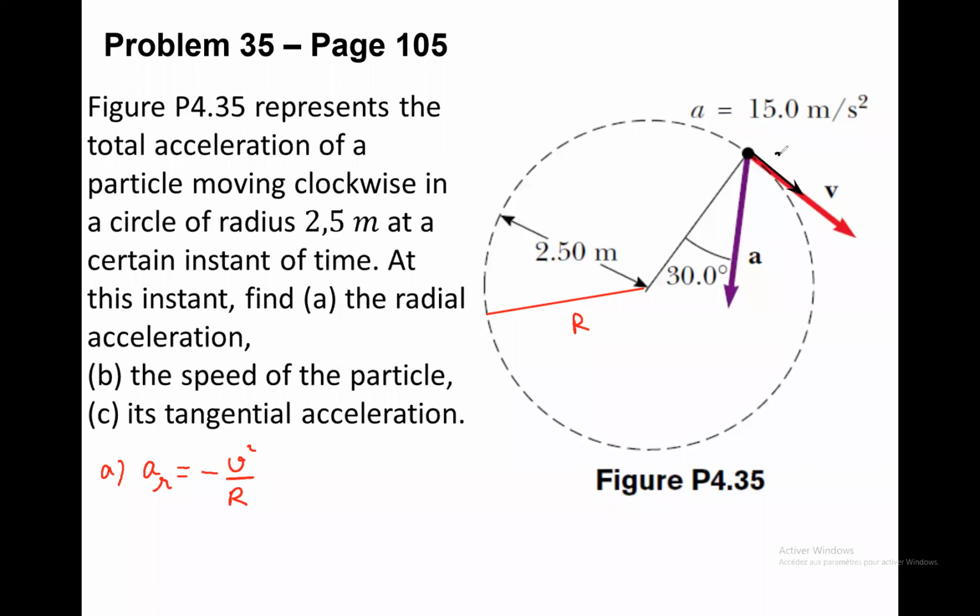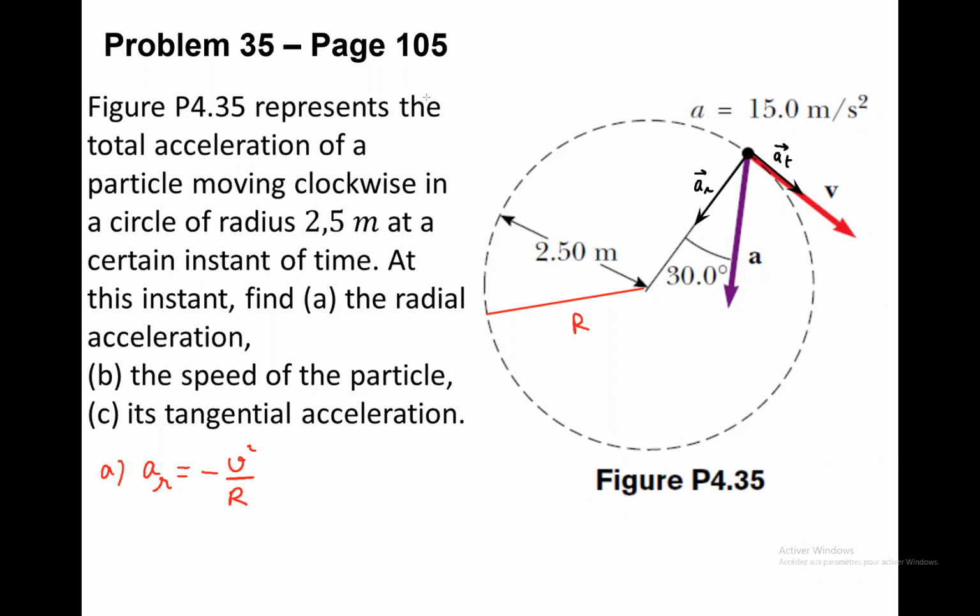So this one is A tangent. As the velocity increases, A tangent takes the same direction as V, and A radial must be directed toward the center. This one is A radial.